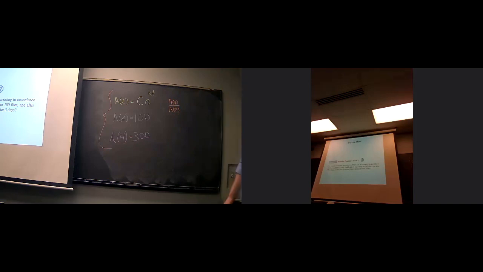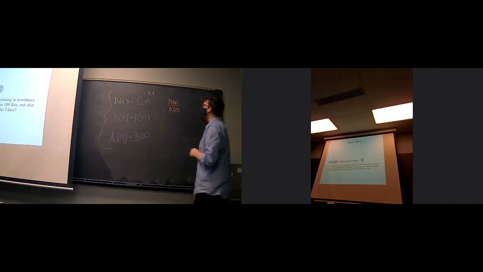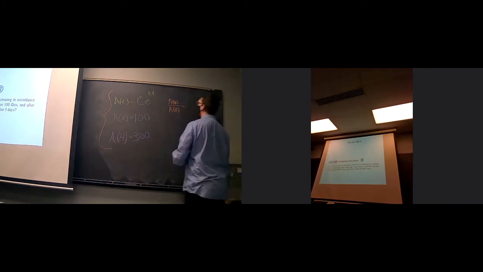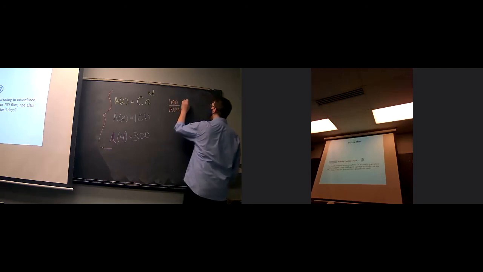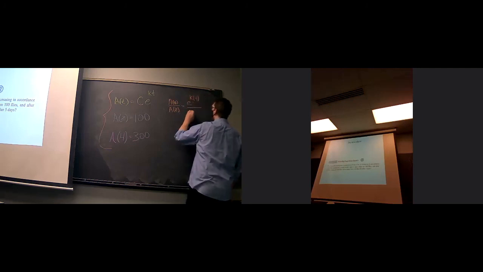What we have here is that these C's are all going to cancel out. We're not going to have any of them left over. Instead, what we're going to have is e to the K at 4 divided by e to the K at 2.